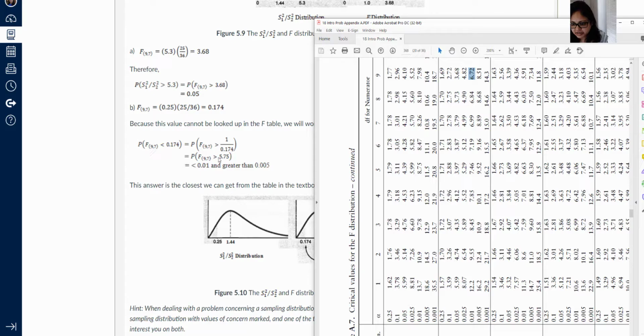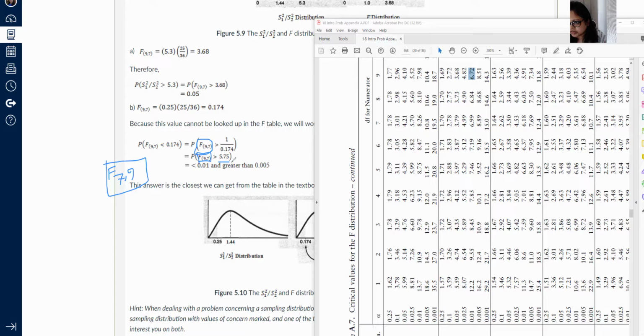The F value you found here, because of rearranging them, should be F7,9. It's not 9,7 anymore. So that's what we will try to do. Since we take the reciprocal, you will see that in the textbook it's written correctly.